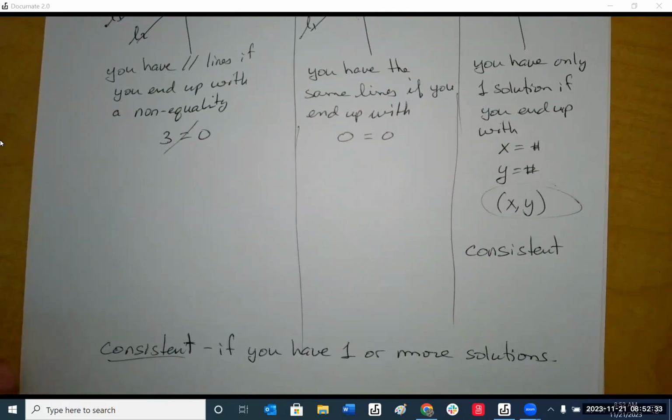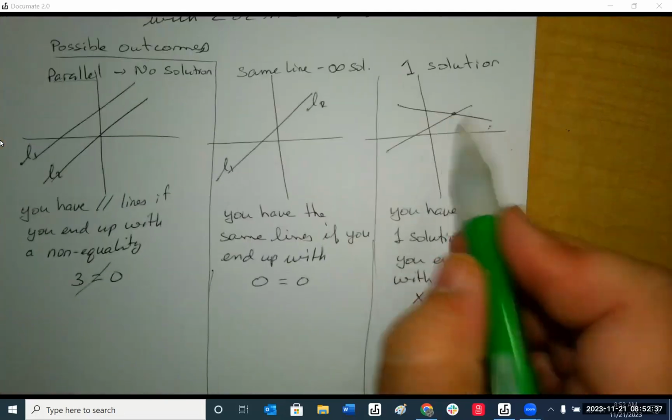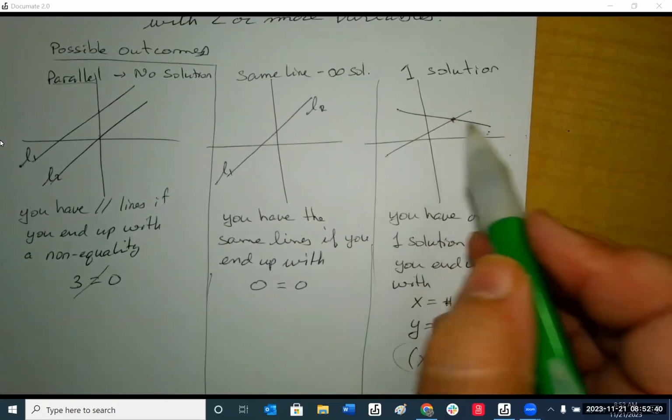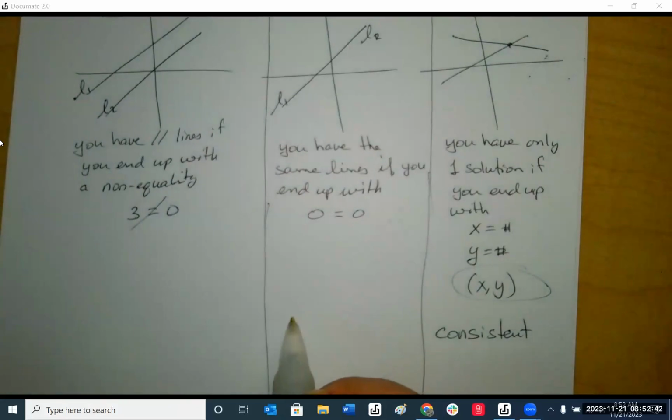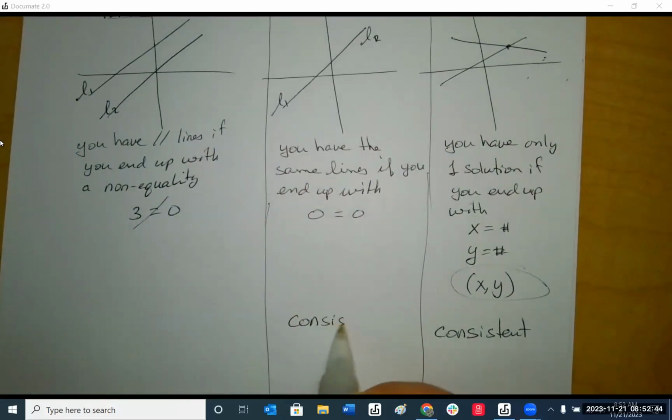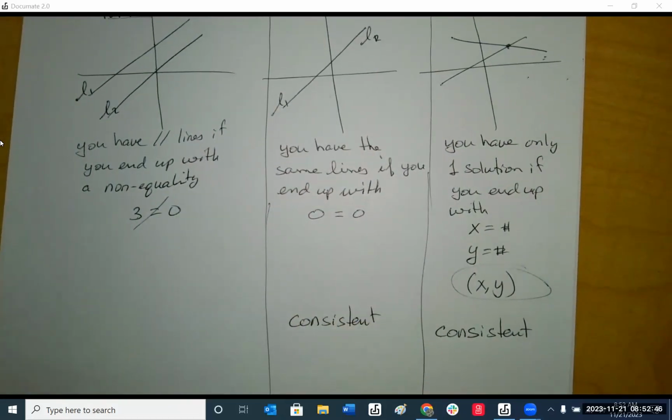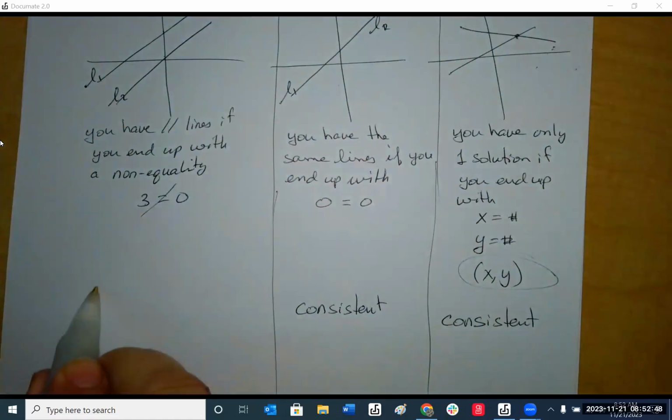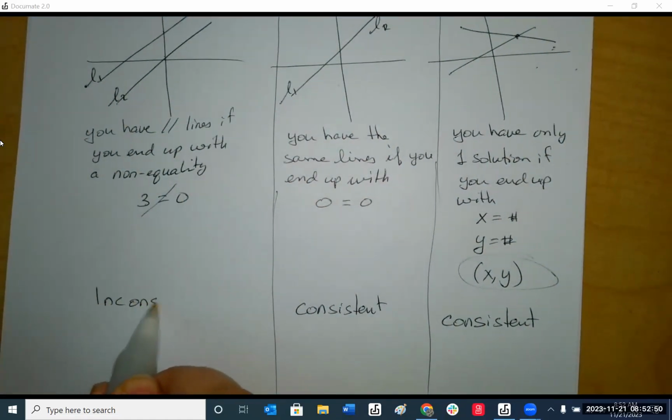They're consistent. So where they meet, if they meet once, they're consistent, or if they have infinite solutions, they're consistent. That means if they don't meet, they're called inconsistent.